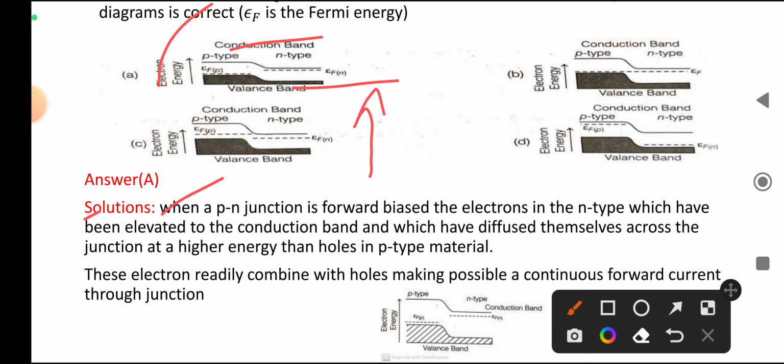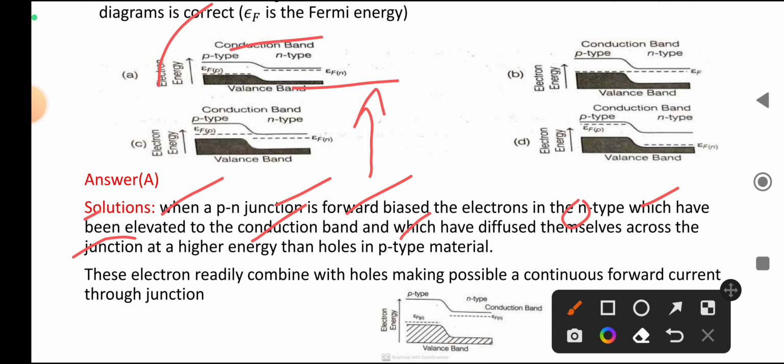Solution: when a PN junction is forward biased, the electrons in the N type which have been elevated to the conduction band, and which have diffused themselves across the junction, are at higher energy than holes in the P type material.